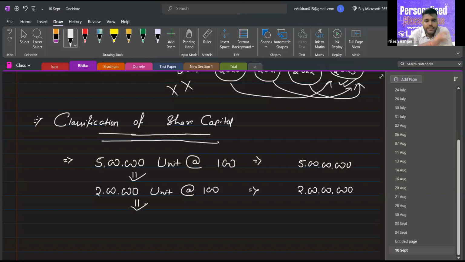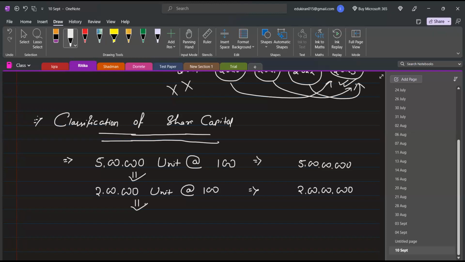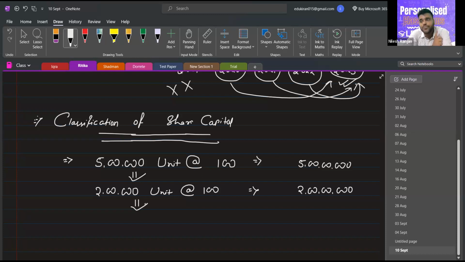So now if they are keeping these 2 lakh units in their store, and the public wants to purchase the product, then what is the maximum number which can be sold to the public? With 2 lakh products, it's 2 lakh only, because the balance 3 lakh is in storage. If the demand rises, then we will bring those products into our store and then we can sell them. But until then, we can sell only up to 2 lakh units.